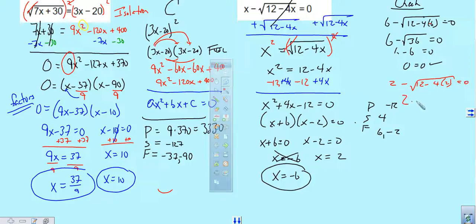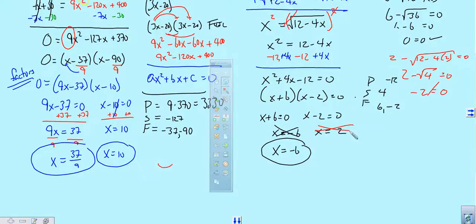So that's 2 minus the square root of 12 minus 8. 12 minus 8 is 4. So the square root of 4 is equal to 2. So that's negative 2 is equal to 0. That is not true. Therefore, x equals 2 is not one of my solutions. I'd have one solution, and that would be that guy right there.